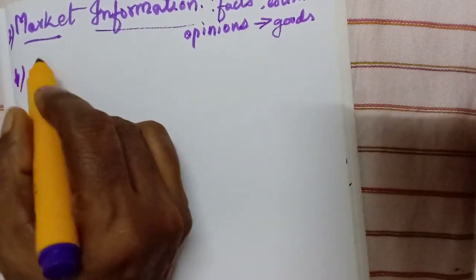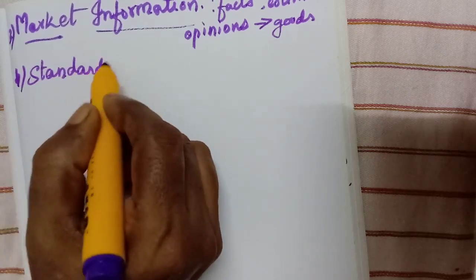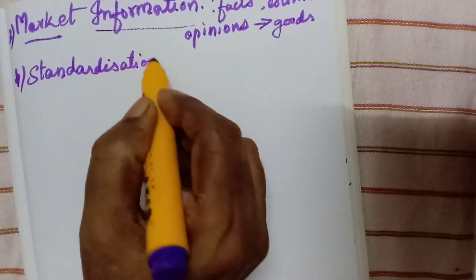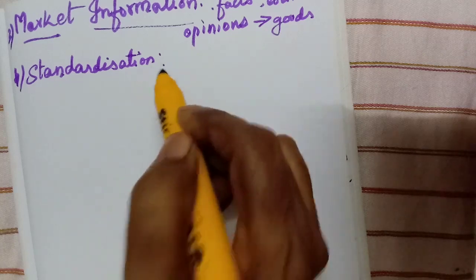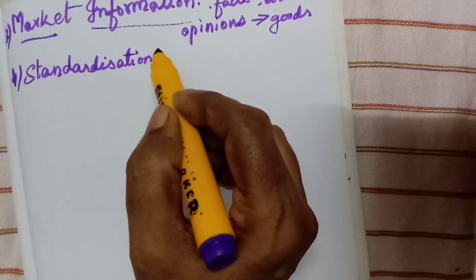Then standardization. In the functions of a marketer, we have learned all these things in one line, isn't it? Here we are learning in one line what it is. What is the meaning of that? Yesterday I told you, isn't it? So what is standardization?